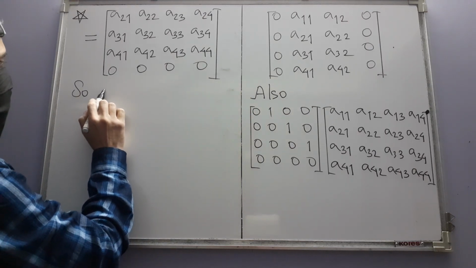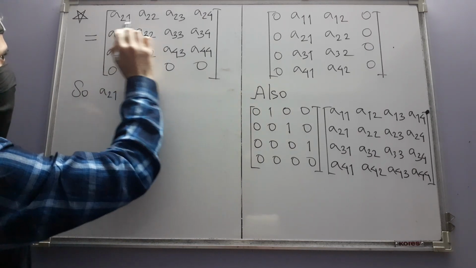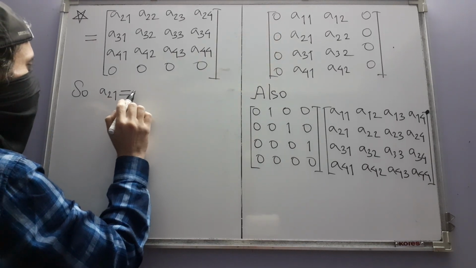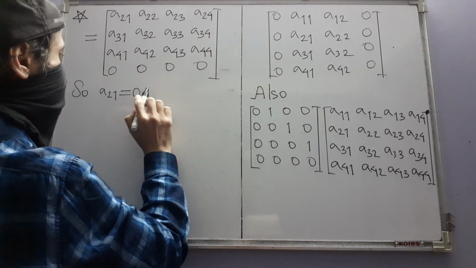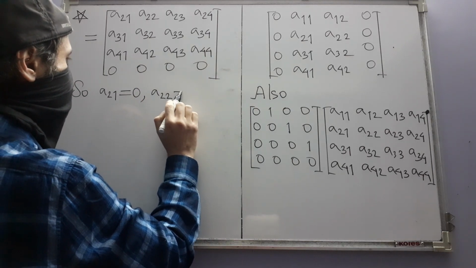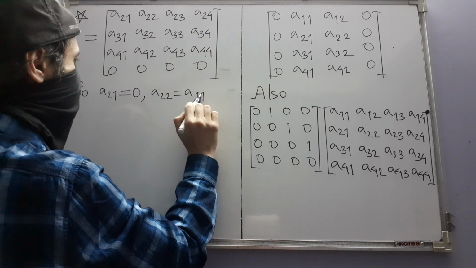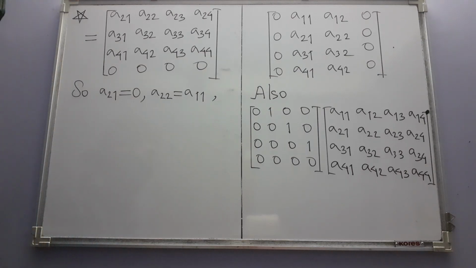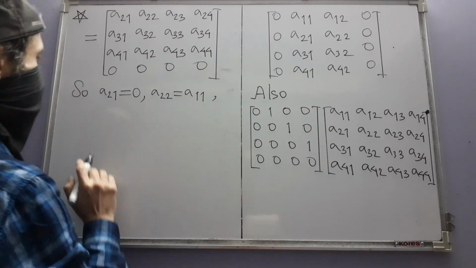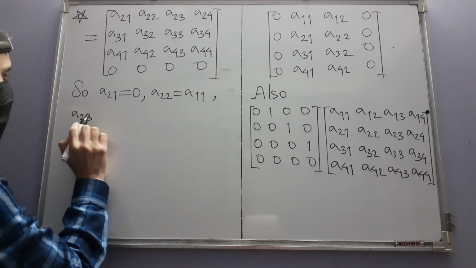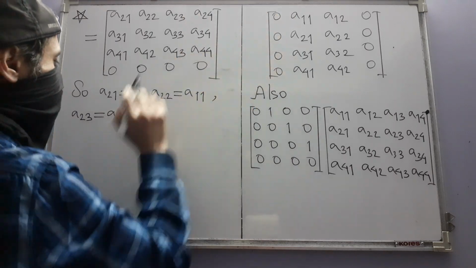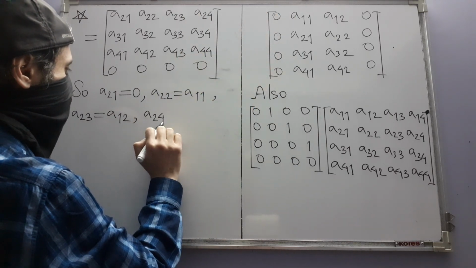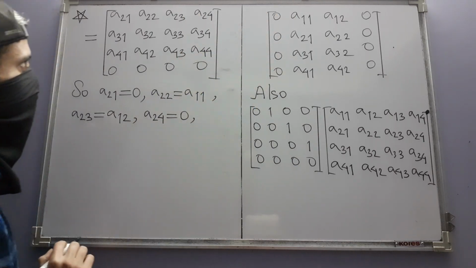For example, A21 will be equal to 0. A22 will be equal to A11. We will figure out later which one of these equations are actually going to be useful to us. A23 equal to A12. Then A24 is equal to 0.